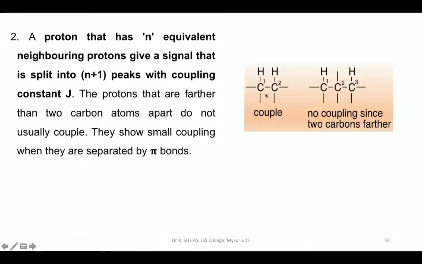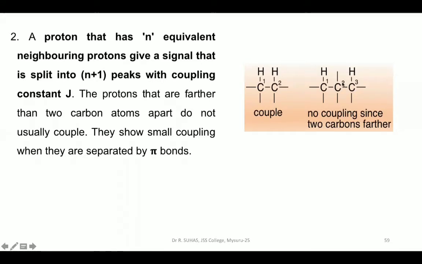So they both will couple with each other, because these 2 protons are present in different atmospheres. This is the case if the hydrogens are present as neighbors. What if the hydrogens are not neighbors? That means these 2 hydrogens are separated by a carbon. When 2 hydrogens are separated by a carbon, no coupling takes place. If at all coupling is to take place, there should be a pi bond in this system.